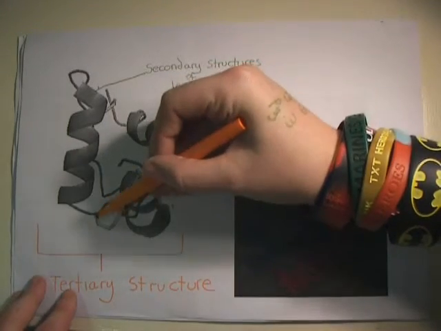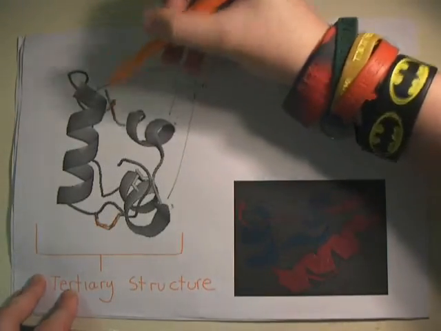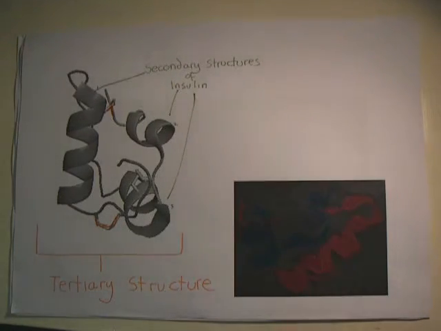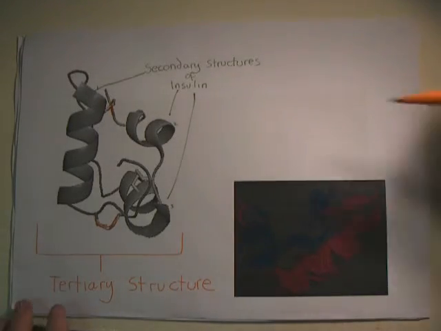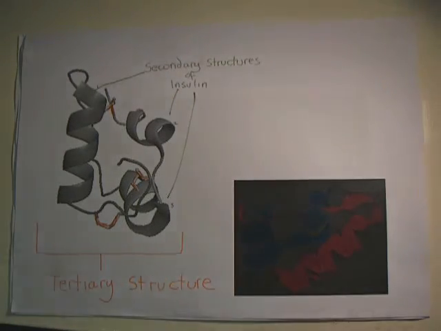Two disulfide bridges connect the B and A chains together, and a third disulfide bridge is formed between the glycine residues on the same chain, the A chain. The secondary structures, when put together, create the tertiary structure of insulin.